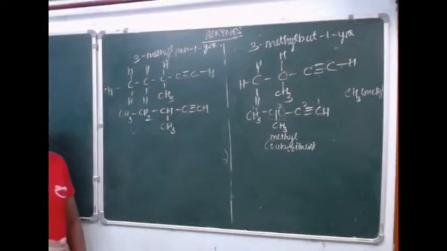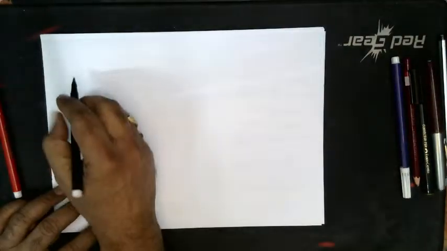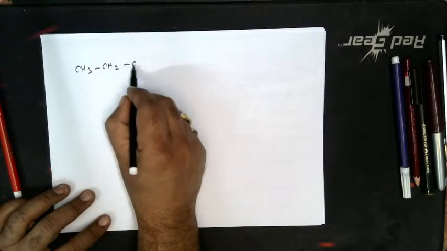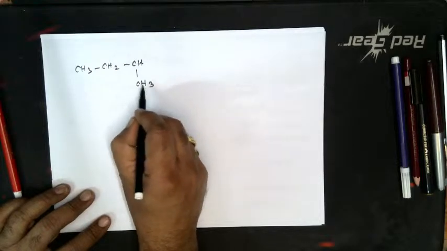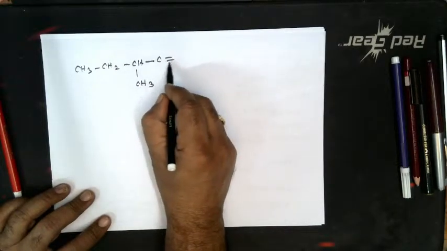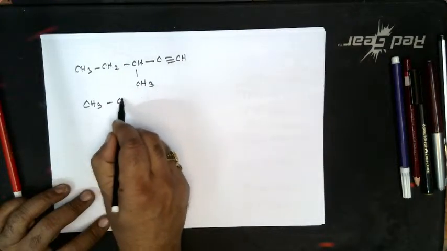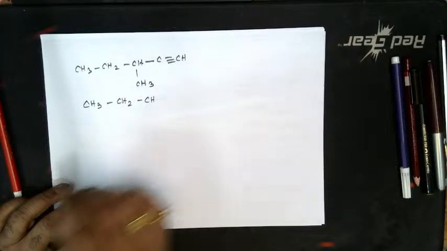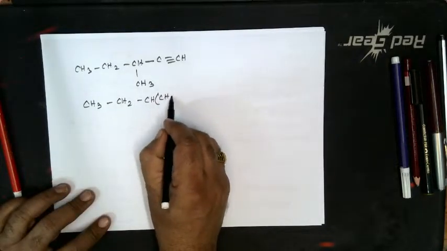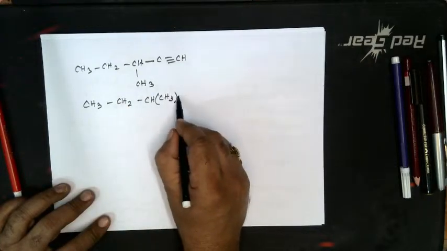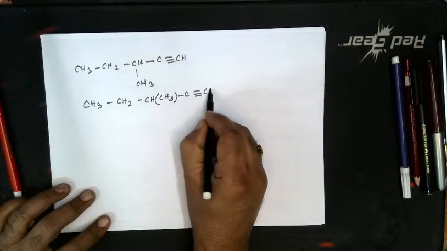Very good. Now sometimes instead of giving this as a branch, they can also write it like this. Now listen: CH3, CH2, then CH, CH3, and C triple bond CH. This can be written as CH3, CH2, CH, with CH3 within brackets. It is understood that it is attached in the side chain. Then you can continue with C triple bond CH.